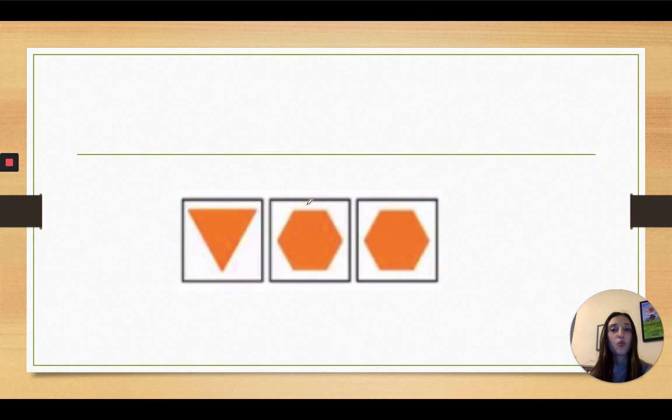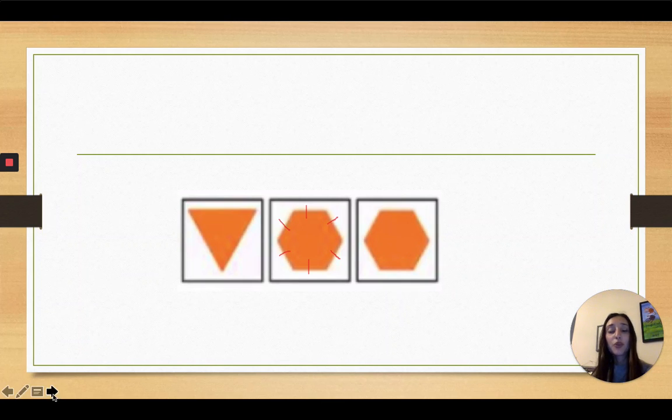So I have 1, 2, 3, 4, 5, 6 sides. When I have 6 sides, does anybody remember what shape that is? Yeah, that's a hexagon. So 6 sides is a hexagon. So I have 2 hexagons there, and then I have an upside down triangle.